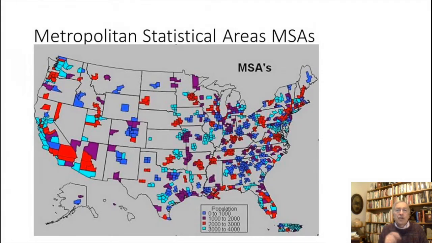Only 3%. Yet, because of commuting fields, obviously a substantial part of the United States is within the orbit. If you think of a city as a magnet, every city has a magnetic field that attracts people in to work and for shopping and hospitals and airports and all that. Those metropolitan areas cover a lot of territory, even though a lot of it is still woods or farmland in a sense.